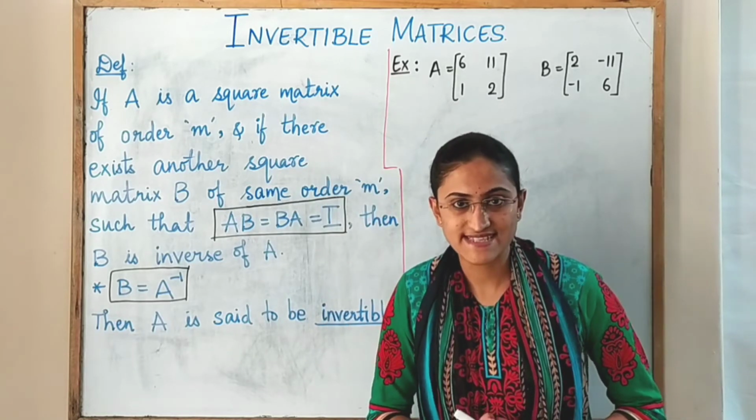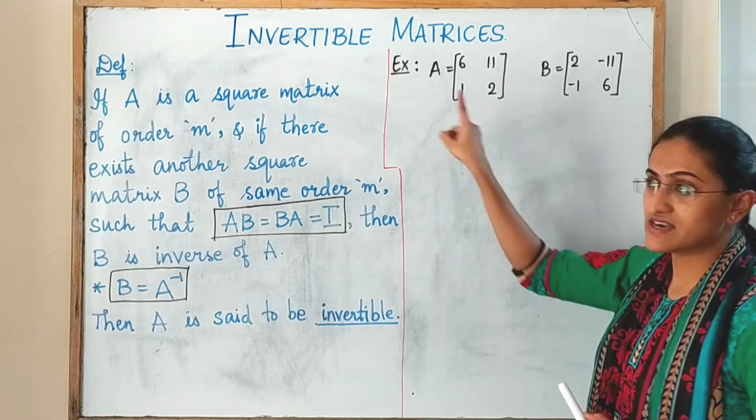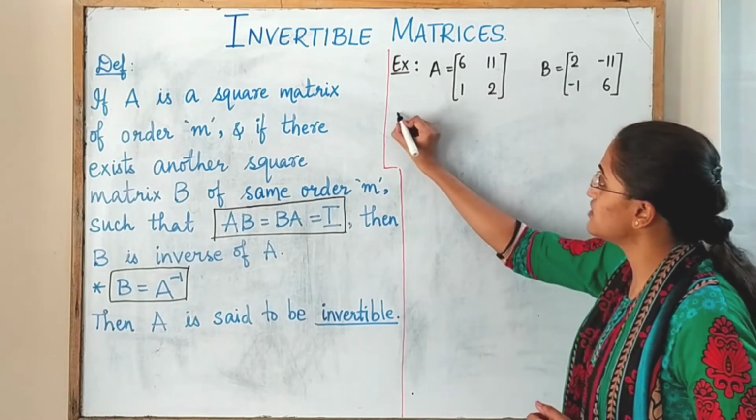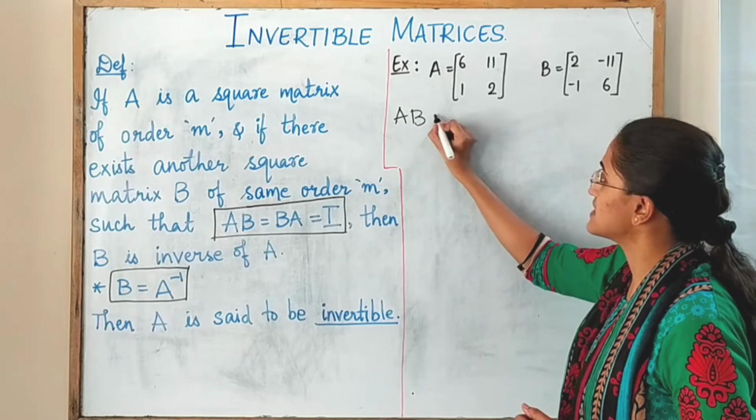Looking at a small example, I shall take two matrices A and B and I shall try to find the multiplication, that is AB.